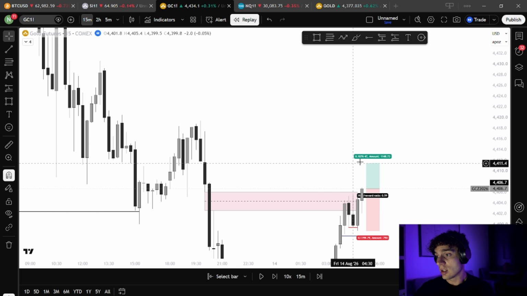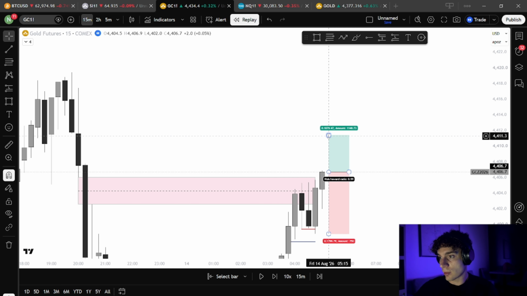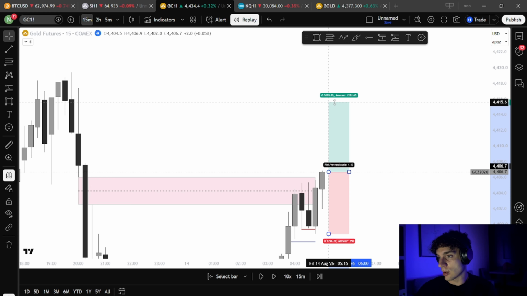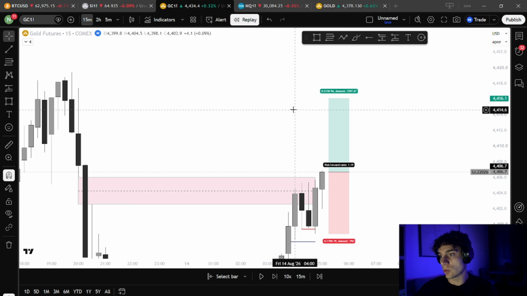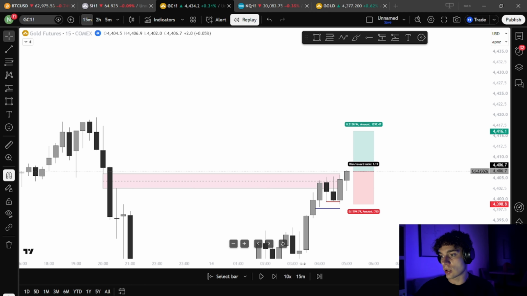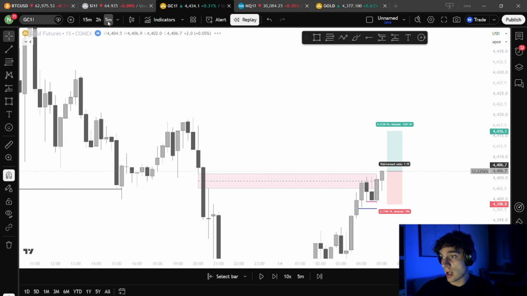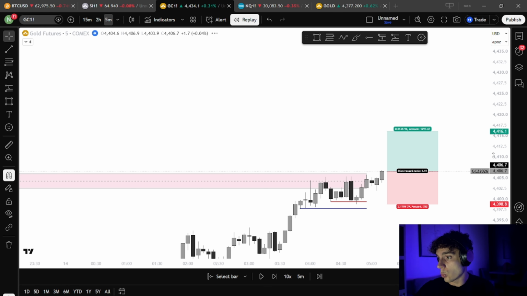So I just opened the trade, put my stop loss, and I was like, let's see how the trade goes. I opened the trade and I went to a football game. When I checked my phone first, I was already in profit. Then I went to the football game again. I didn't move my stop loss. And then when I came back from the game, I had already reached 1 to 4.